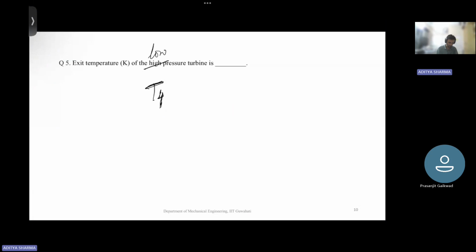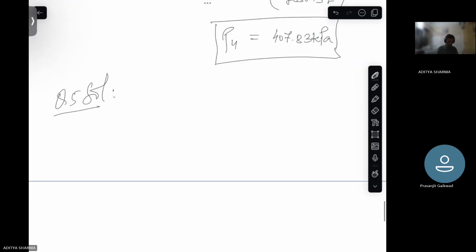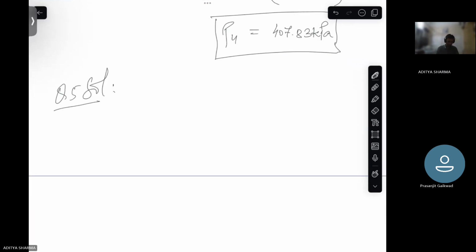This question asks at the low pressure turbine, because the high pressure turbine runs your compressor and this is for your low pressure turbine. So we know the net work output is equal to the low pressure turbine work, right?